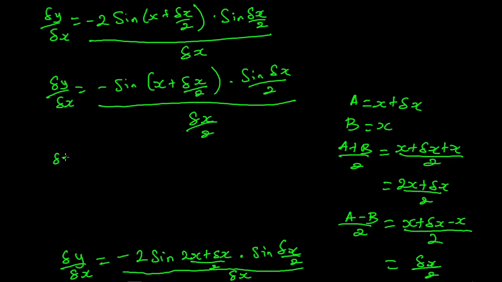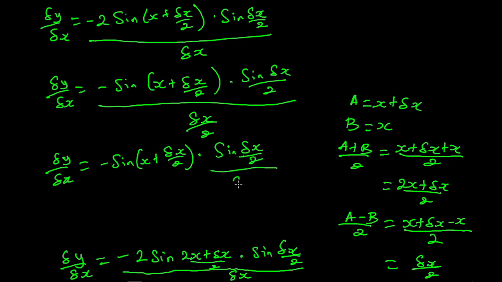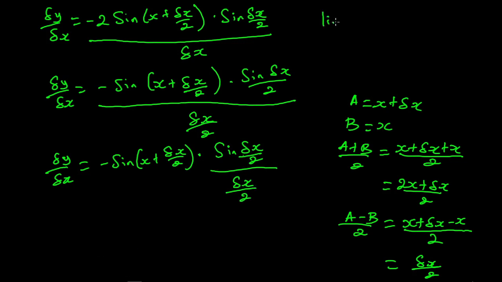This can be written as delta y over delta x equal to negative sine of x plus delta x over 2, then multiplied by sine delta x over 2 all over delta x over 2. Recall that the limit of sine theta over theta as theta tends to 0 is equal to 1.